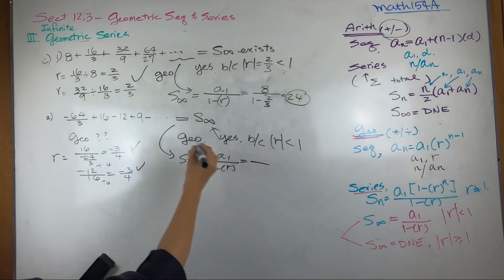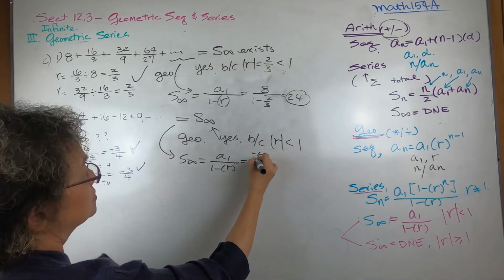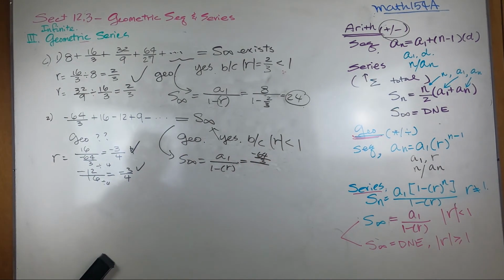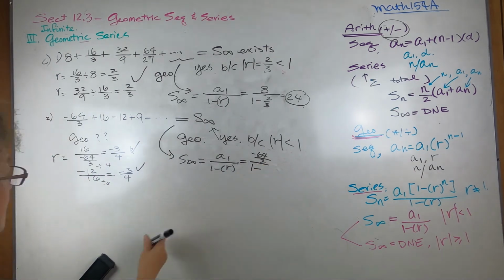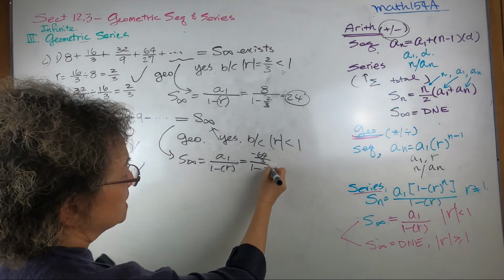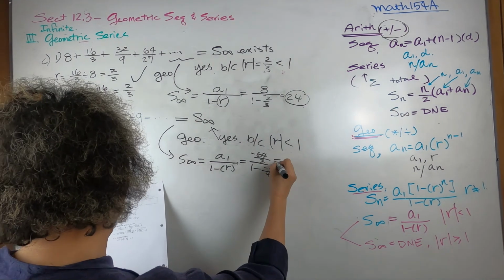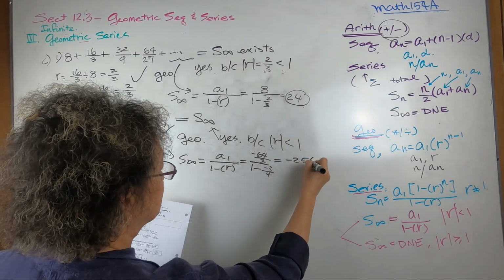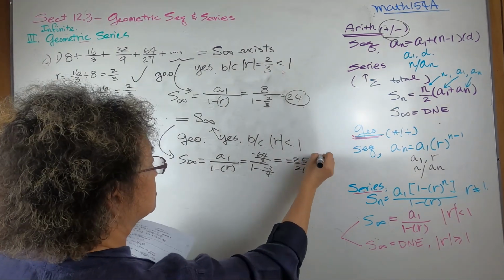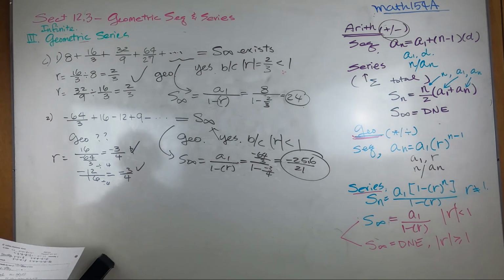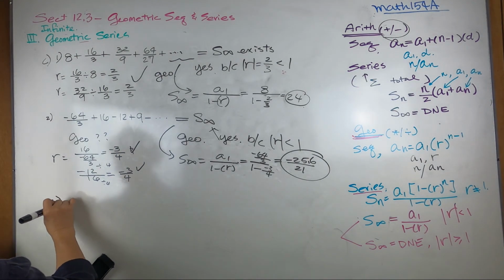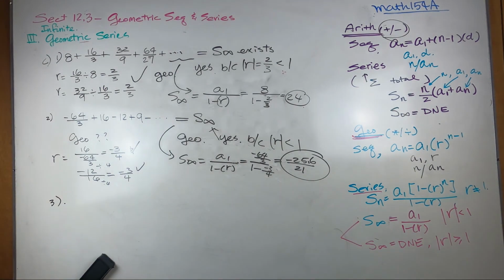A1 is -64/3, right? 1 minus R is 1 minus -3/4. Okay, so you should be able to handle that. So you should have 256/21. Right?